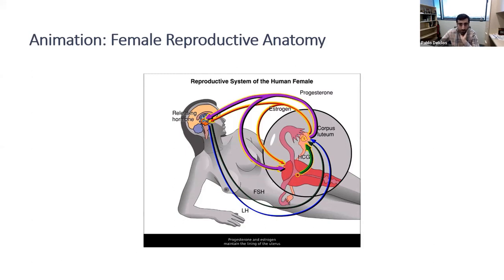Progesterone and estrogen maintain the lining of the uterus and suppress the development of any more follicles. In effect, the embryo signals the corpus luteum to stick around, maintaining the uterus for embryonic development and stopping the monthly cycle. Human reproduction is complicated. It depends on precise coordination of the ovaries and uterus in response to hormonal signals orchestrated by the brain.